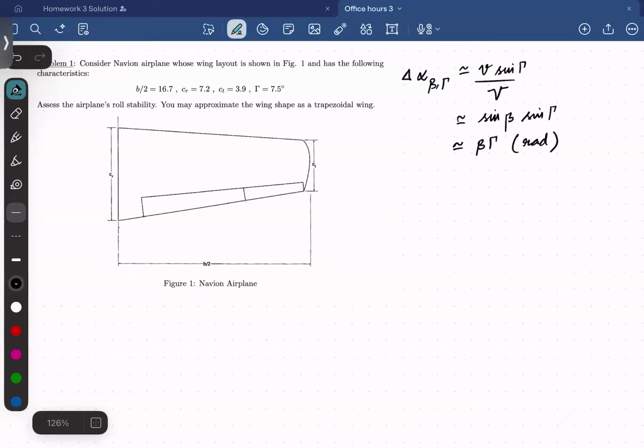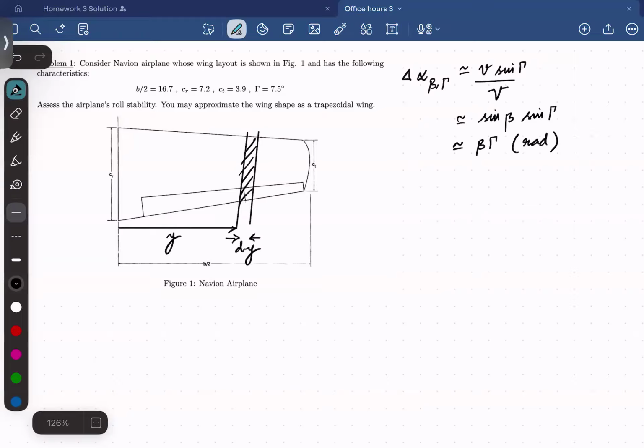So now you say, okay, this is fine. But then you ask, because of this change in angle of attack, what is going to happen is there will be a change in lift force. So you go some distance y into the wing and you choose a small element of length dy.